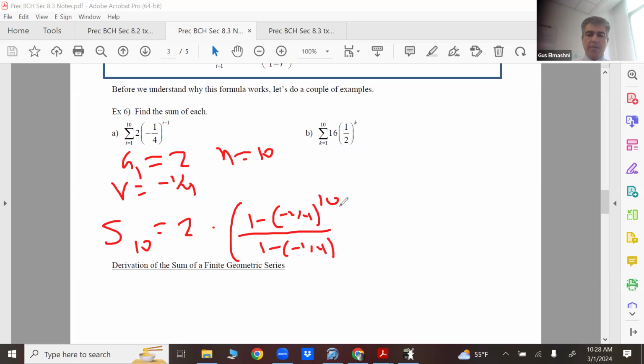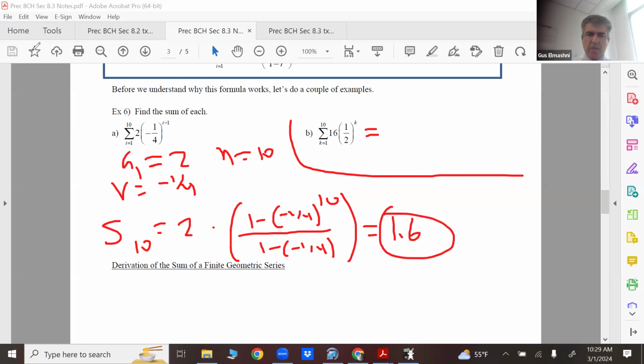Please be careful. This one we'll do a little more quickly. If you work that out, let's see. Negative 0.25 raised to the 10 power, 1 minus that number, divide by 1.25 times 2. You roughly get 1.6, I think. Yeah, I think you get 1.6 roughly.